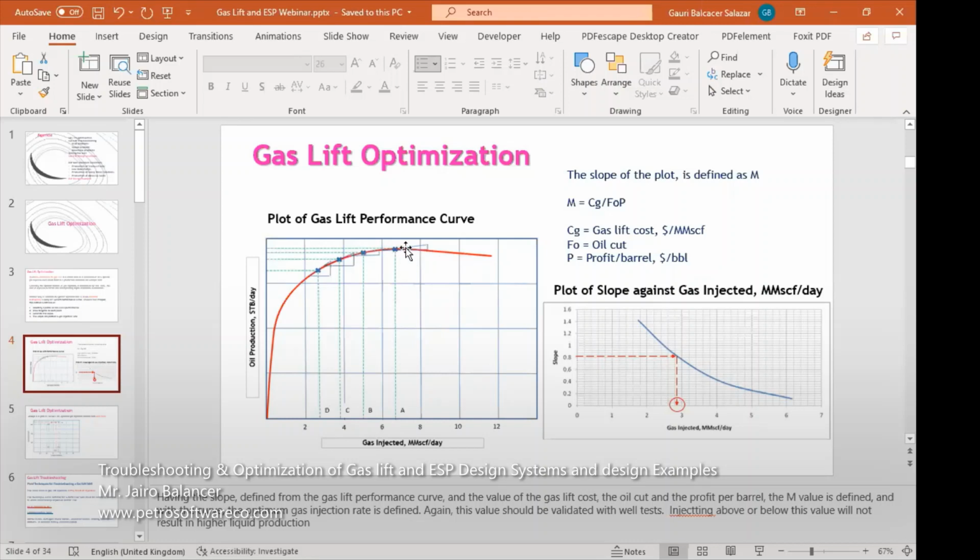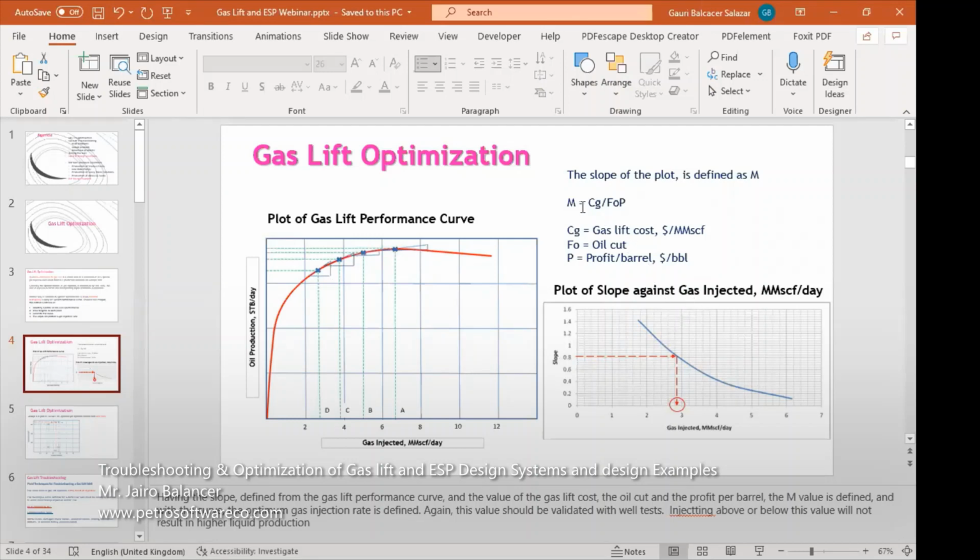With this slope, in the plot to the right we have a plot of slope versus the gas injection. For each test A, B, C, or D, we got the slope, and with this we create the plot of slope against gas injected.